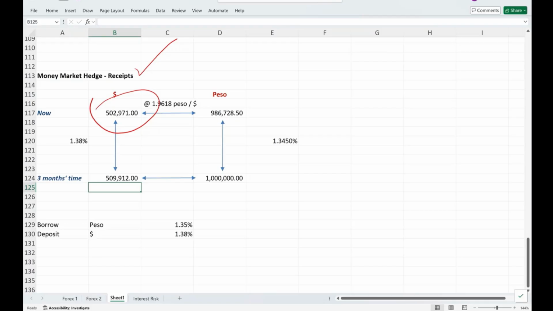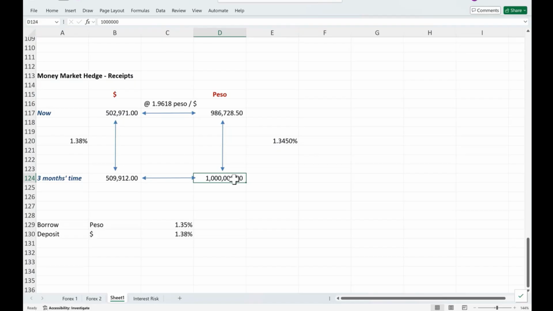Second question, he might ask, what is my effective exchange rate? We can find it. This much money we borrow today, we convert today into our local currency and deposit into a local bank account. After 3 months, the loan that I borrowed in peso with this much interest will become 1 million.